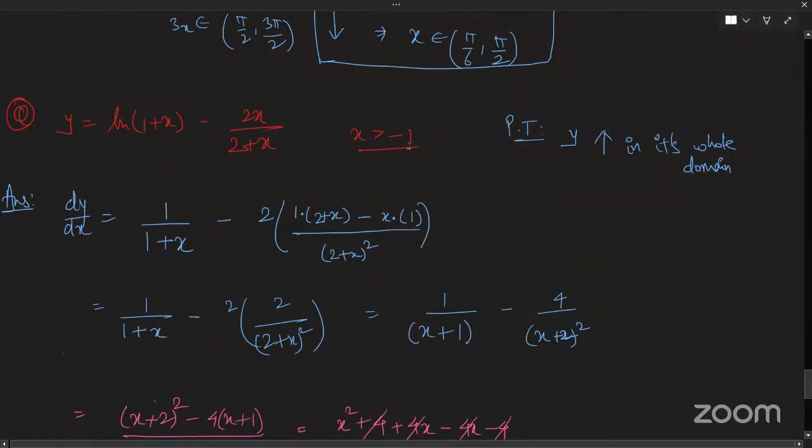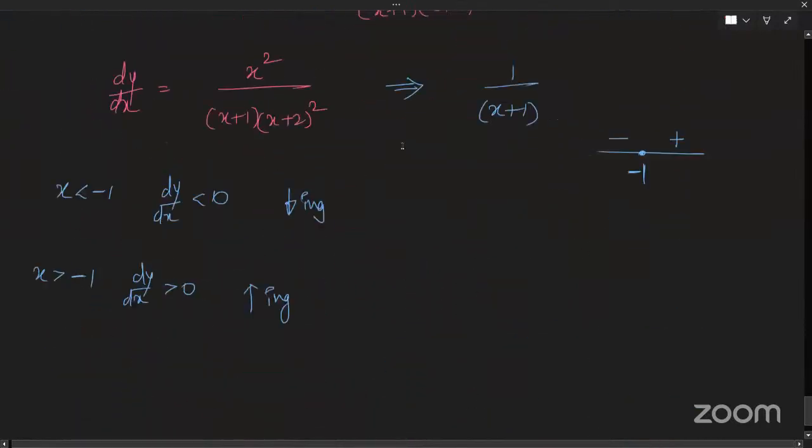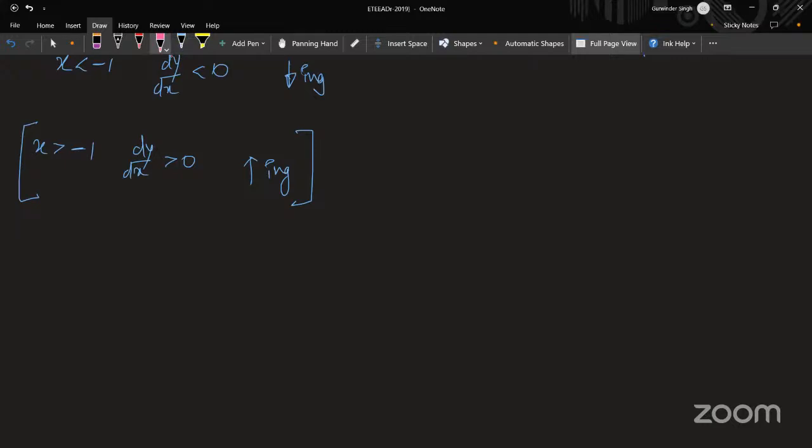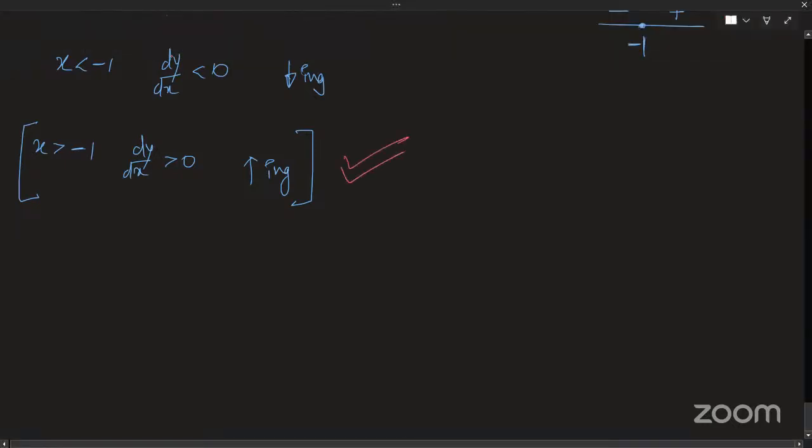My domain is only x greater than -1. So in my whole domain, can I say that my function is increasing? Yes, sir. See, because my domain was only x greater than -1. And when my x is greater than -1, my dy by dx is positive. So I can say that in my whole domain, my function is only increasing. Right? Okay.